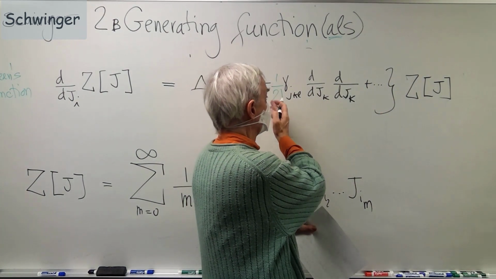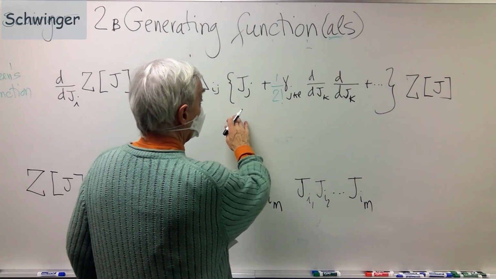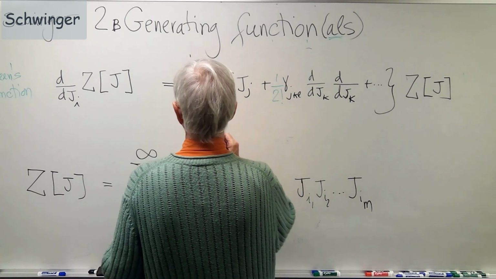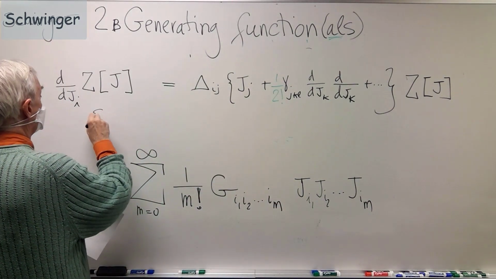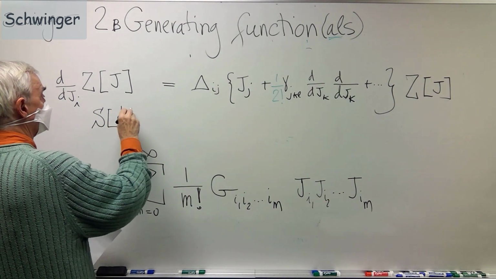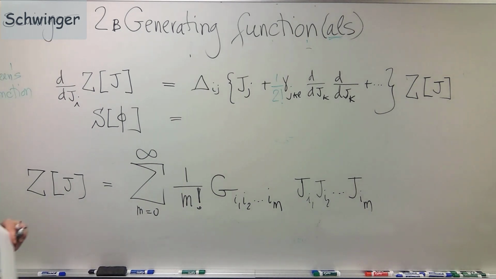So now it's a little bit tedious to keep writing all these things with all their gammas and indices, etc. So let's compactify the notation a little bit by collecting what we call bare vertices of the theory in another function.